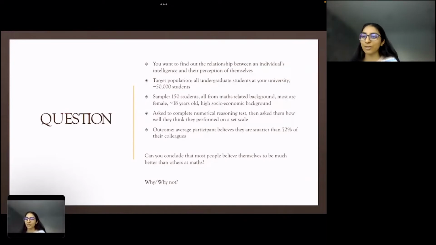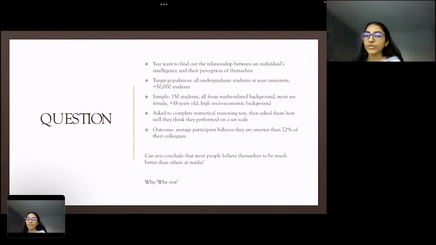Now, obviously, it's not very realistic or cost effective to sample all 50,000 students. So you take a sample of 150 students, and the 150 students you take are all from a maths related background. Most of them are female. Let's say they're around 18 years old and from a high socioeconomic background.